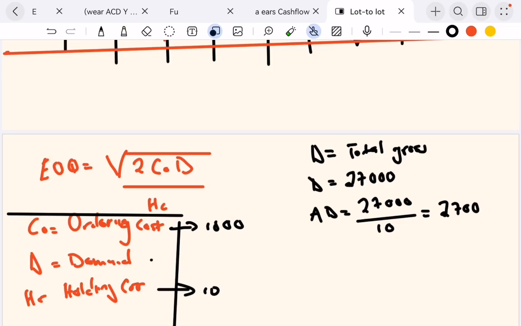What we need to find is the annual demand for all the weeks.